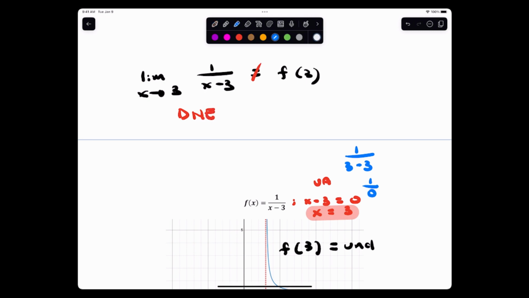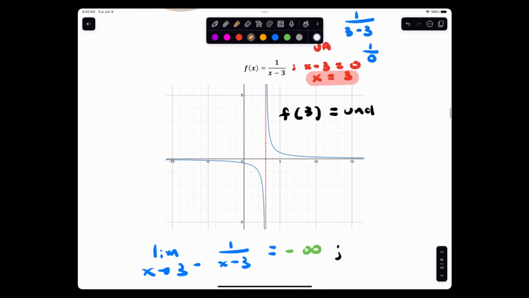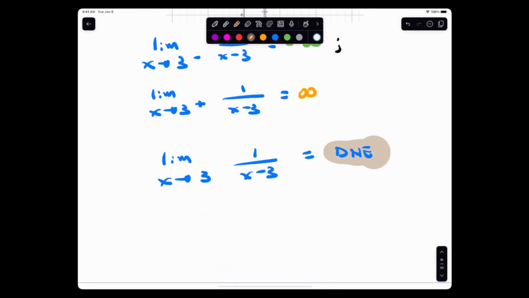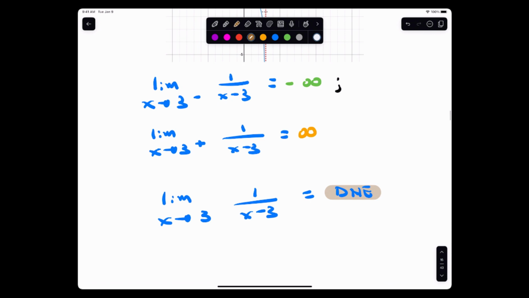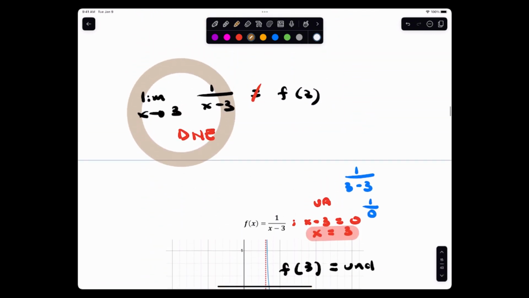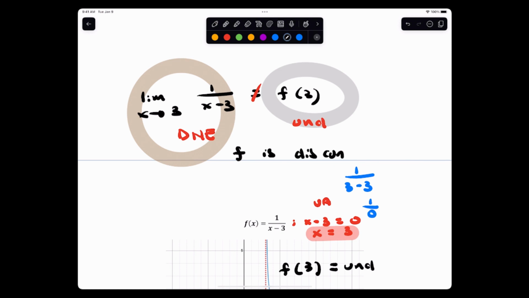This answer is the limit question. This does not exist. This is the argument for it. This answer here, f of 3, what do we say? This one was undefined. And we know that those two things are not the same things. Does not exist is not the same as being undefined. Therefore, what's your conclusion about continuity at 3? Yeah, f is discontinuous at x equals 3.